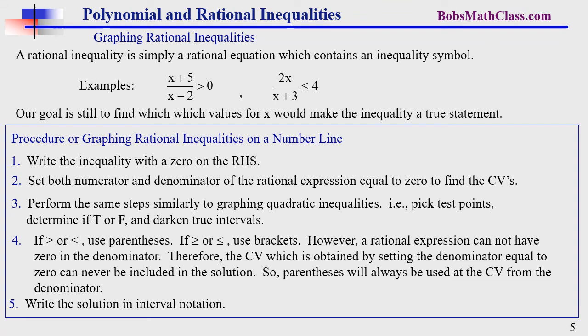Here's our procedure. It's very similar to the last one, except there's no factoring and a couple of little things. Number one, we're going to write the inequality with a 0 on the right-hand side. Same as last time. We're going to set both numerator and denominator equal to 0 to find the critical values.